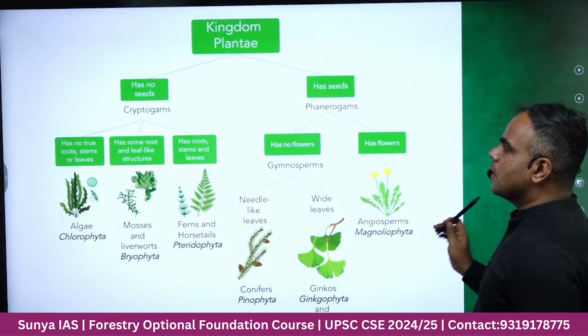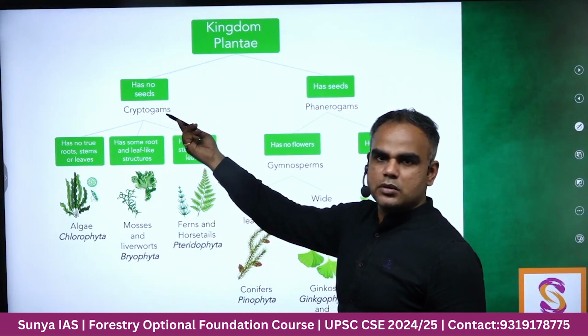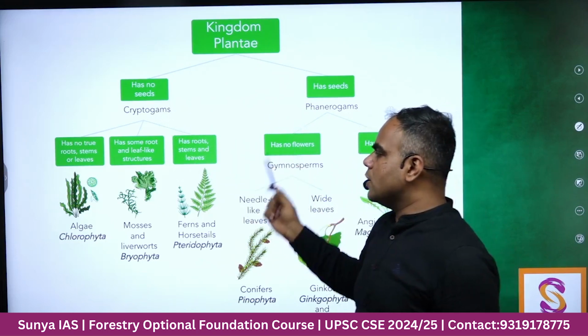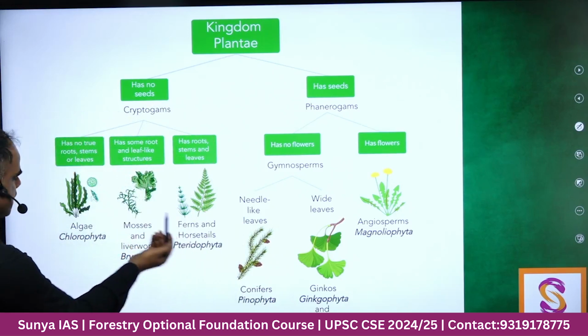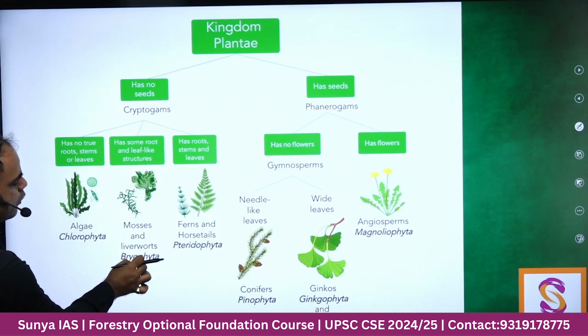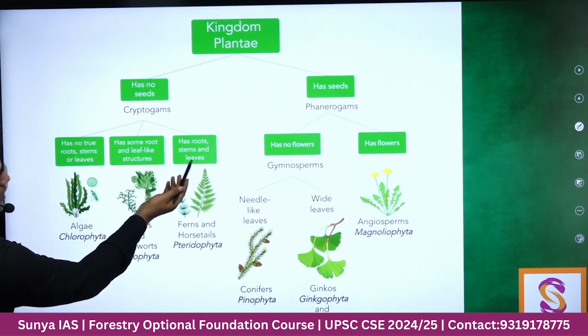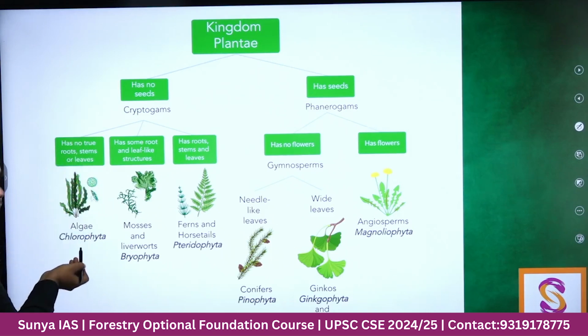Now, cryptogams do not have seeds, and we already know that they reproduce through spores. In this you have algae, mosses, and ferns. Algae are thallophytes; mosses and liverworts are bryophytes. Thallophytes have no true roots, stems or leaves.